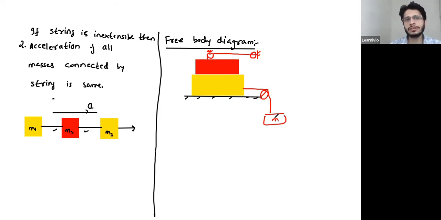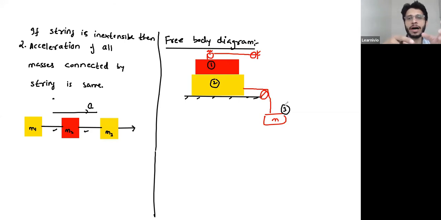So to solve this system, there are two ways. Either solve the system by considering all masses at once, or you can solve the system by taking one mass at a time. Like if in this system I have mass number 1, mass number 2, and mass number 3, I can either take mass 1, mass 2, mass 3 together and solve the system, or I can solve them separately.